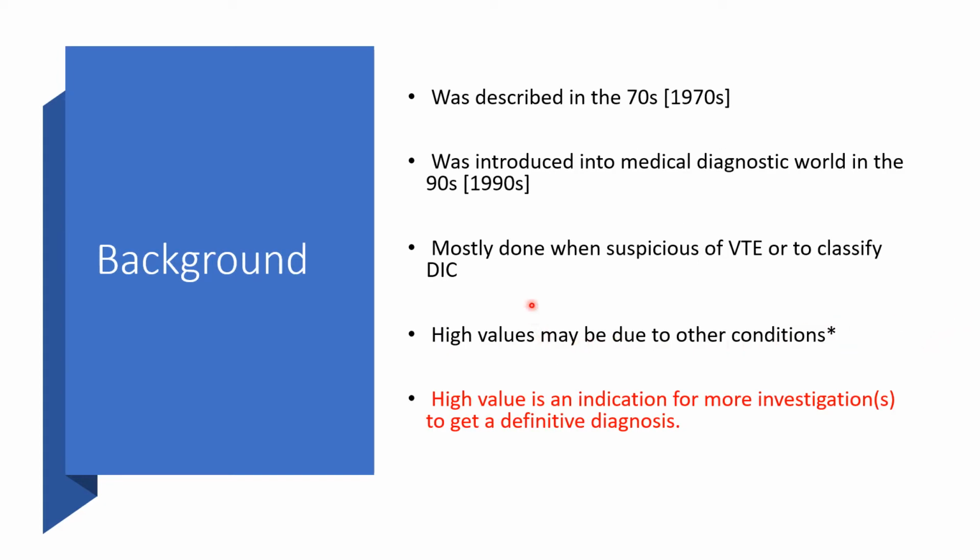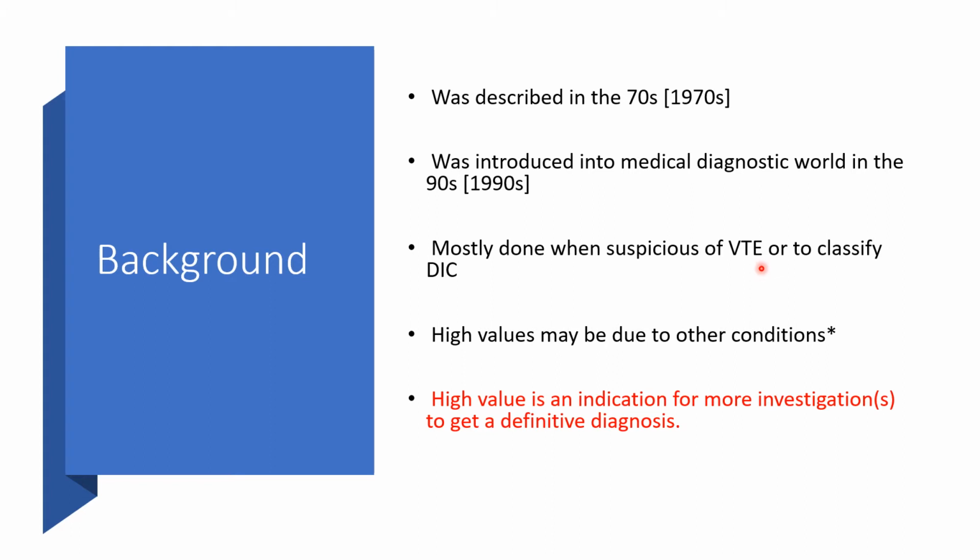Now the background here is that D-dimer was introduced in the 70s, but was not yet welcome worldwide or incorporated into the medical diagnostic process until the 1990s. It is mostly done when venous thromboembolism is suspected or when you are trying to classify disseminated intravascular coagulopathy.